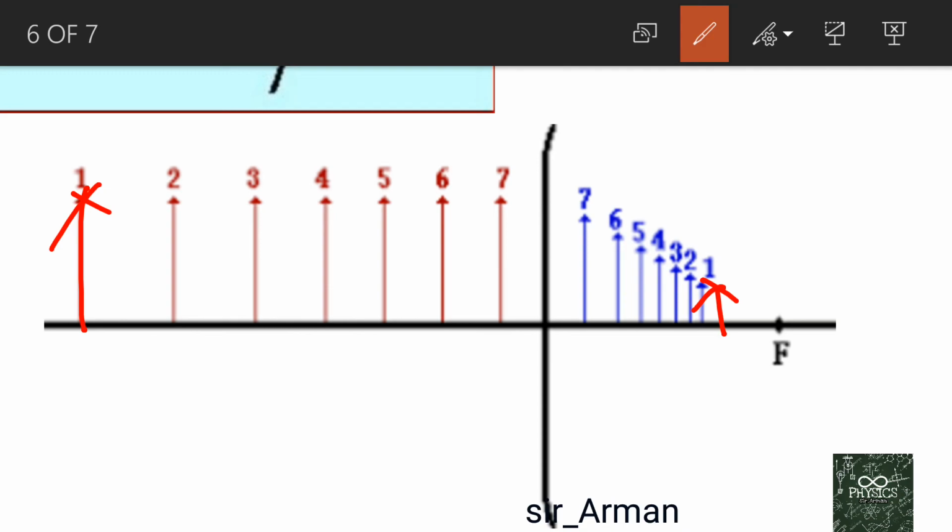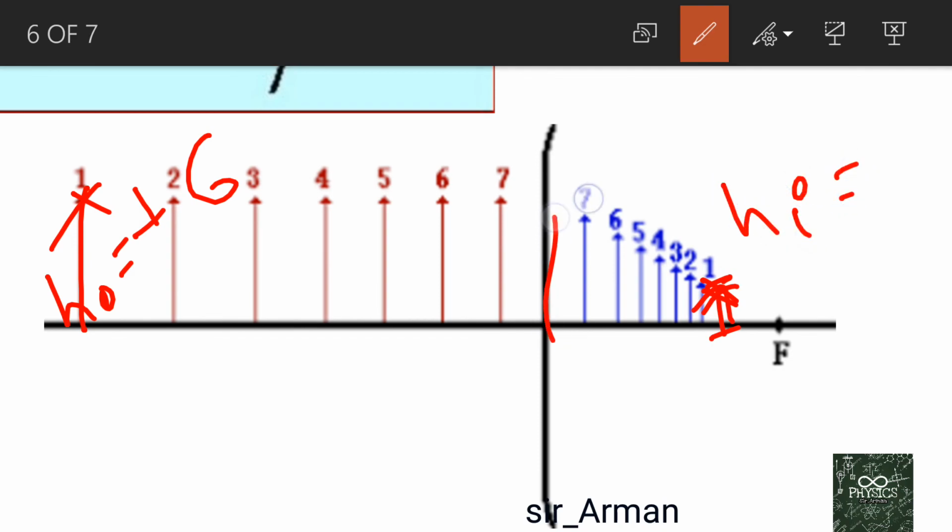So let us assume that the height of the object HO is equal to plus 6. Here you have obtained the image very small, right? So let us assume that HI is, as it is lying above the principal axis, the height is 1, right? It is 1 centimeter, or for our convenience, we write it as plus 3.